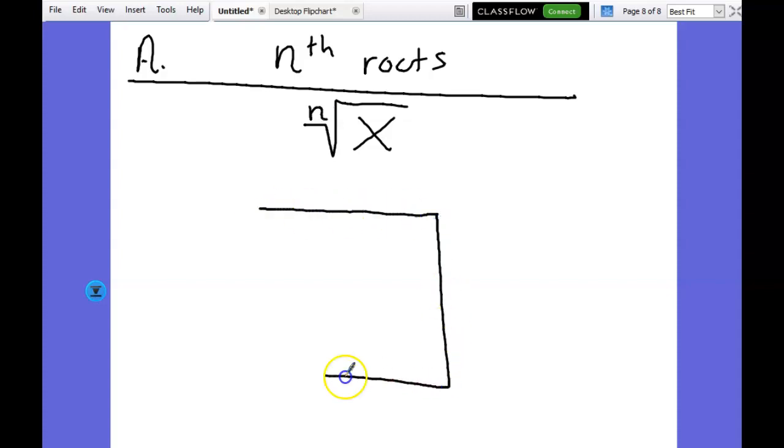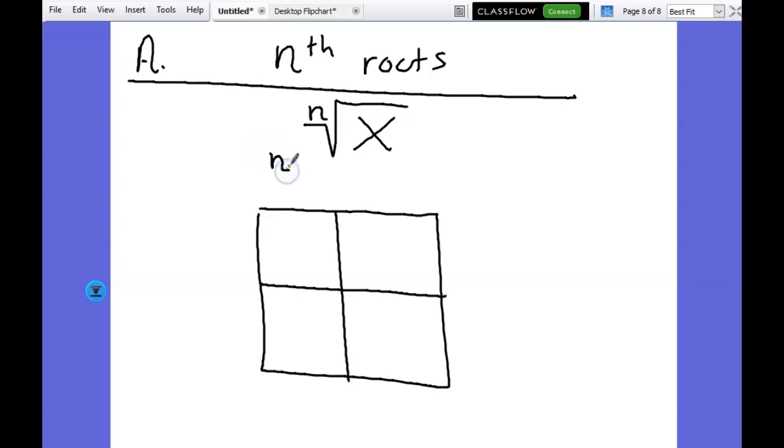We have to look at 2 things in order to figure out what our answer is going to be. First of all, my root can be even or it can be odd, right? Second of all, that number inside can be positive or it can be negative.